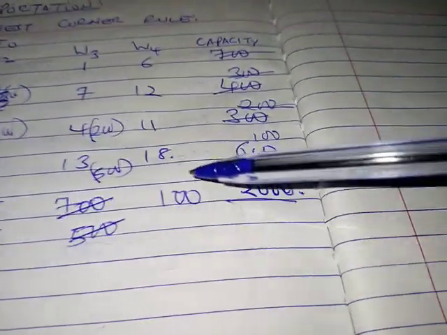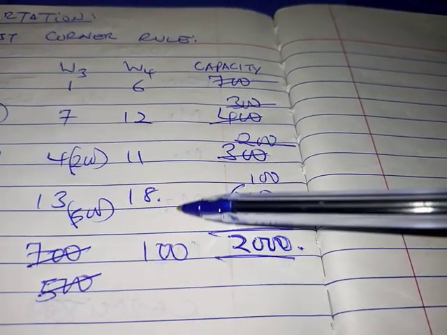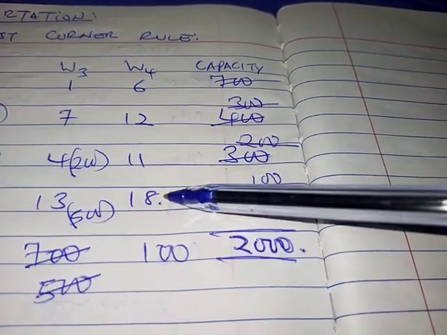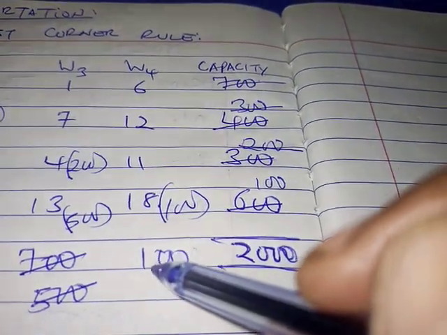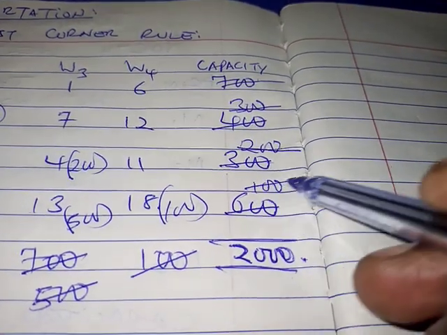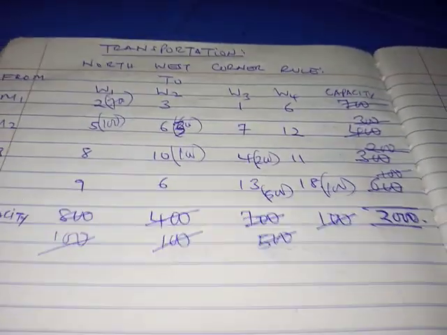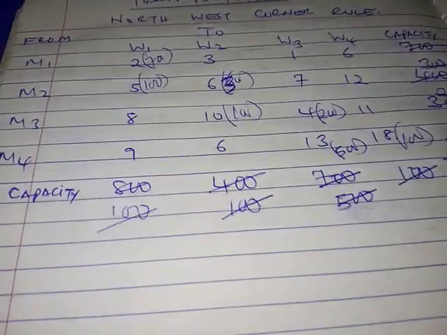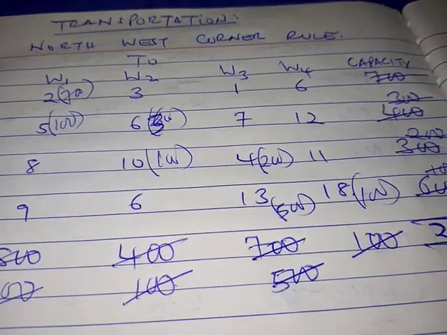Therefore we look at the 100 capacity for W4 and the capacity for M4, and we shall assign at the cost of 18 shillings per unit. Therefore, we shall also cancel out the capacity for W4 and the balance for M4. That is the optimal assignment or transportation from manufacturing plants M1 to M4 up to warehouses W1 to W4.